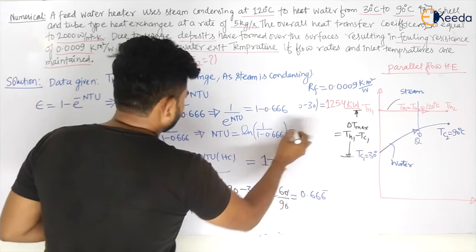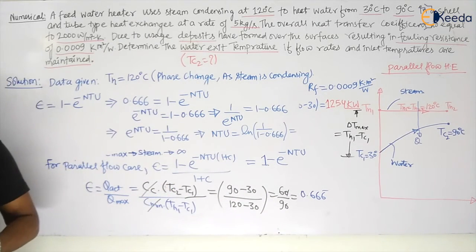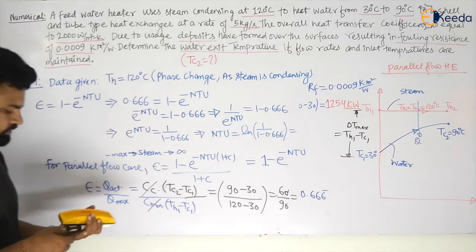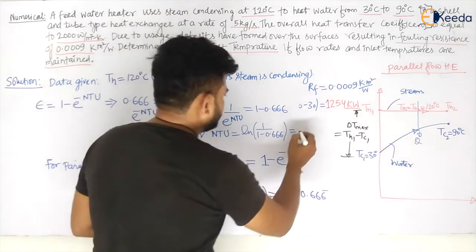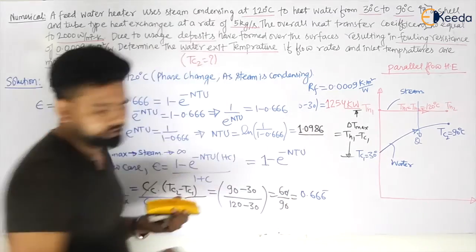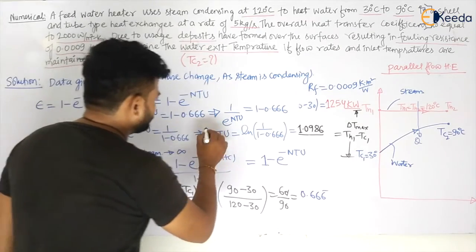So the value of NTU will be equal to 1 divided by 1 minus 0.666. Now ln of this is equal to 1.0986. So the value is coming to be 1.0986, my dear students. Okay, now we have the value of NTU.